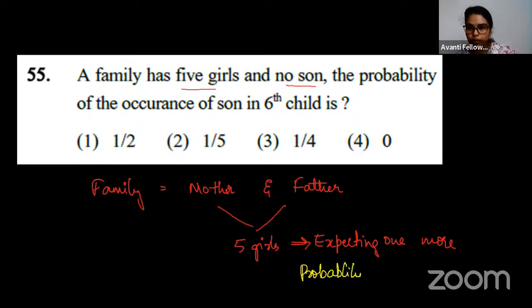So here what we have to search is, your question is the probability of getting son as their child, the probability of son in the generation. That is our task, and we have to find the probability of the son. So for this, we simply have to plot a simple cross. What happens in the father and the mother?